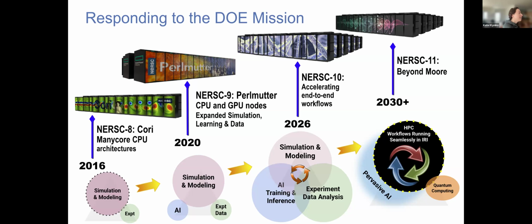This is a slide we often show when we talk about how we're thinking about the future, how we think things are going to evolve for our users and for ourselves, and what types of resources we want to be able to provide. For quantum, we think it could be quite important for our users in the 2030 timeframe.